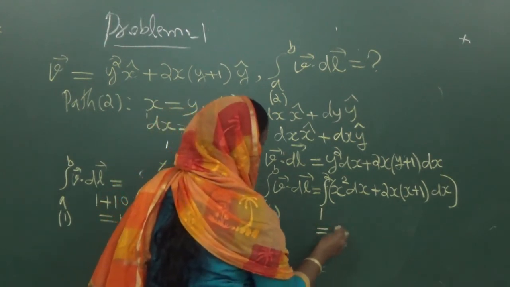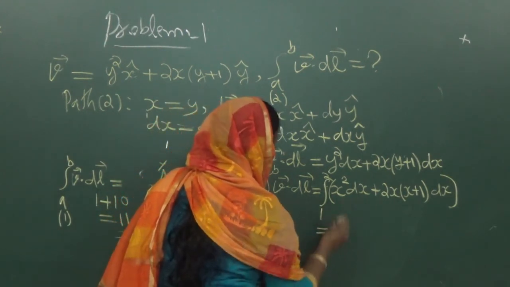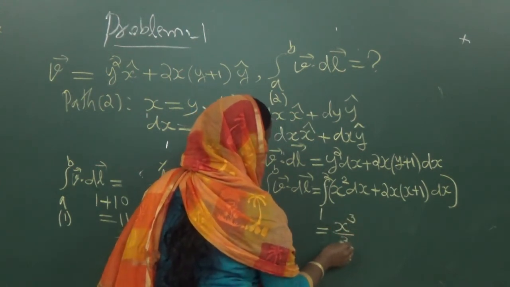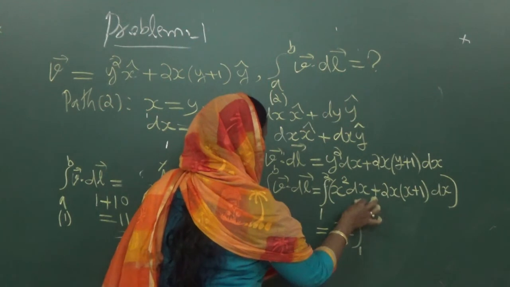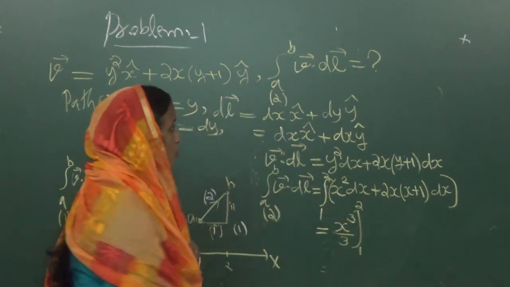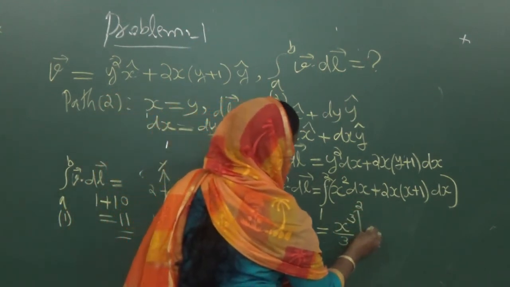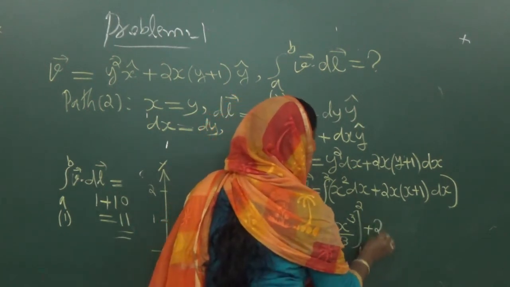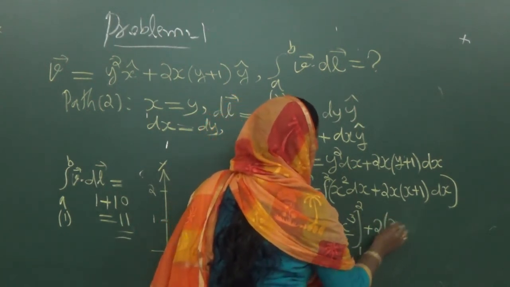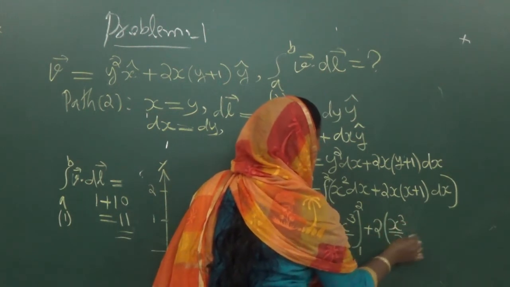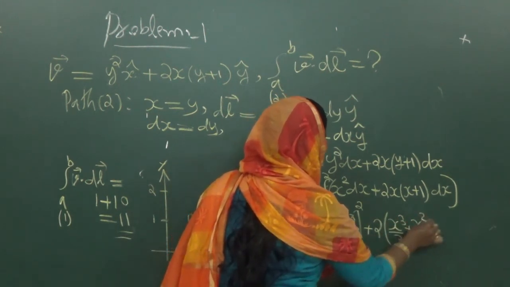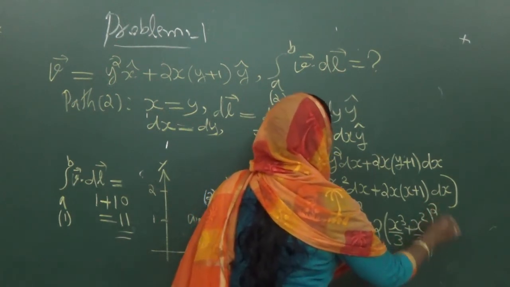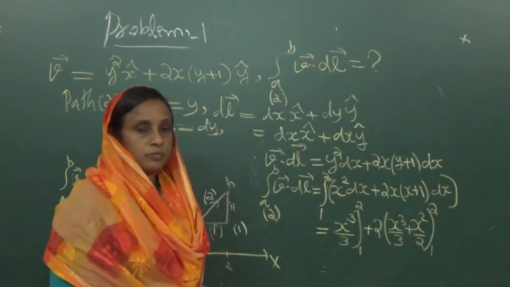You can integrate this now. The first part gives x cube by 3, varying from 1 to 2, plus 2 into (x cube by 3 plus x square by 2), limits varying from 1 to 2.